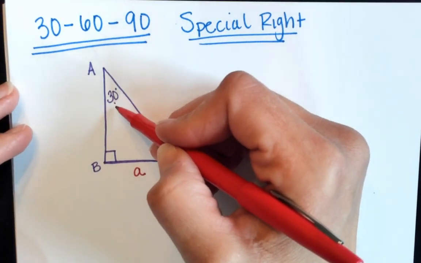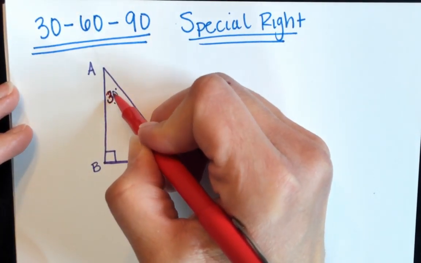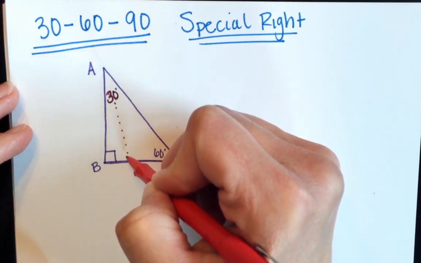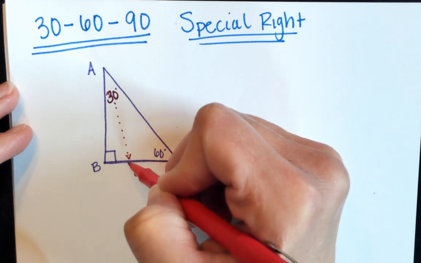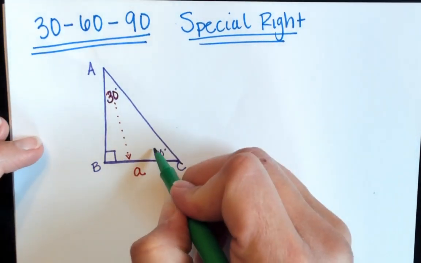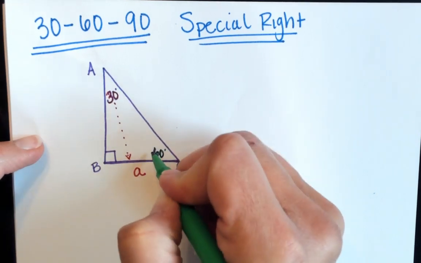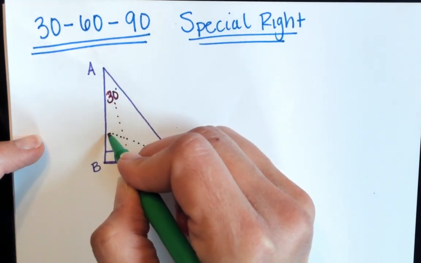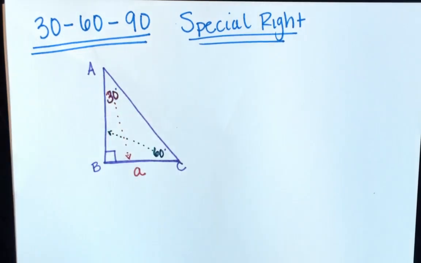So opposite our 30, so in this direction, opposite our 30-degree angle is A. Opposite our 60-degree angle, so the longer side, keep that in mind that we're still using this triangle inequality stuff.